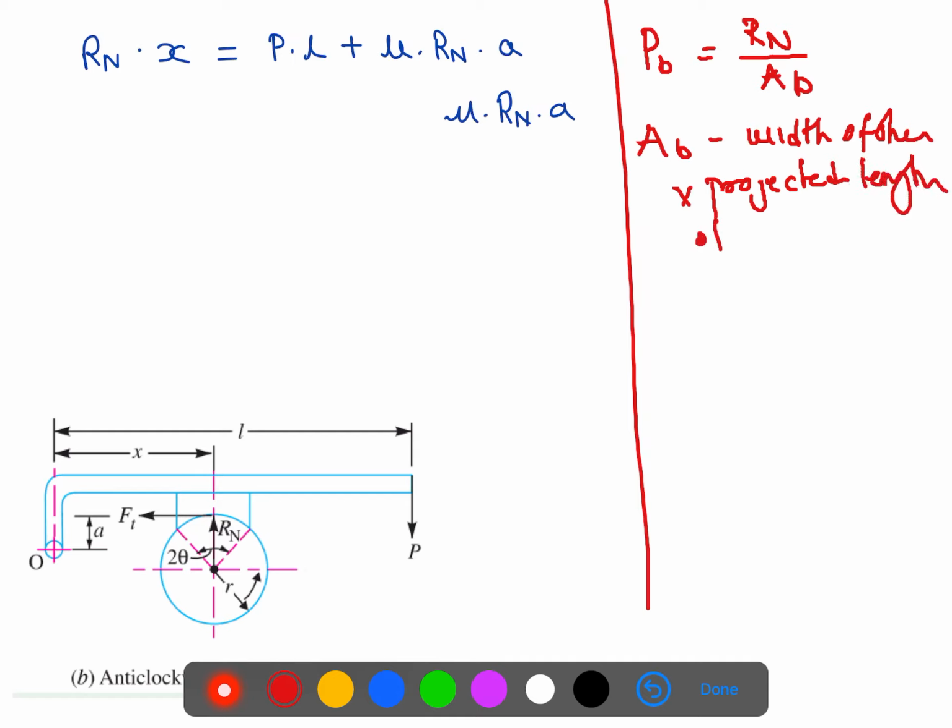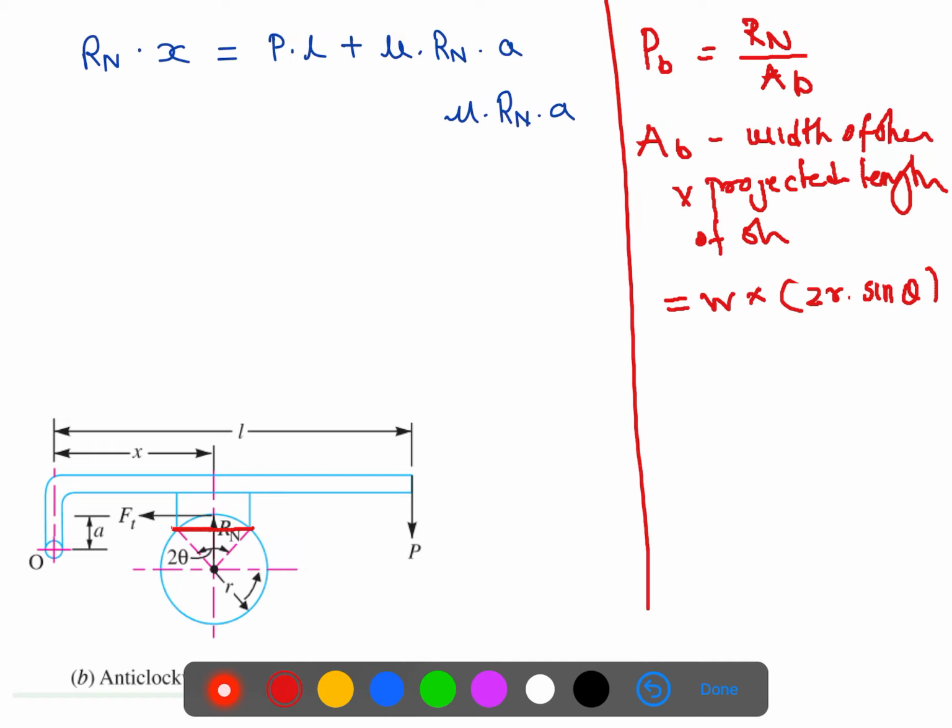Projected length of shoe. Projected length means this particular length, right? So this will be equal to width of the shoe W multiplied by 2 into R into sine theta. How this 2 into R into sine theta comes? I can show you over here.